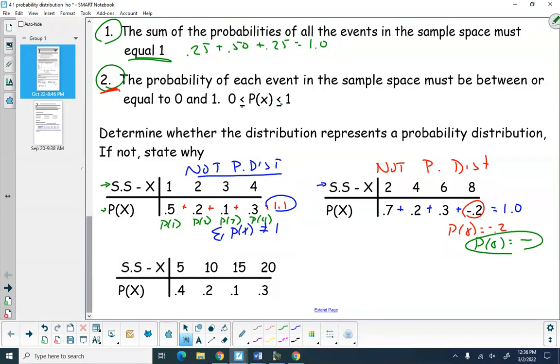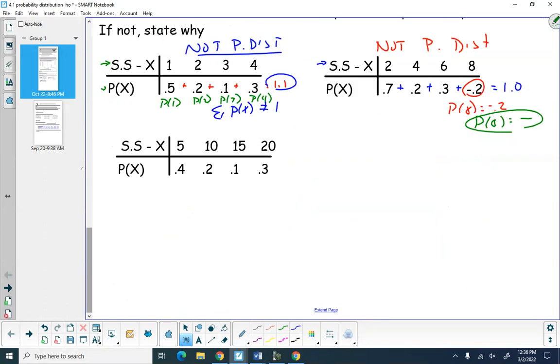So if we take a look at the last one here, our sample space is a 5, 10, 15, or 20. Those are the 4 things that could occur. I have a 0.4, 0.2, 0.1, 0.3. Is this a probability distribution? Well, do they add up to 1? And are all my probabilities between 0 and 1?